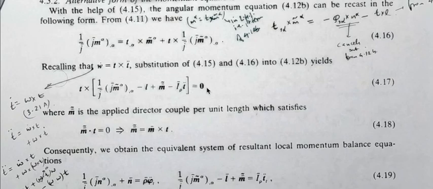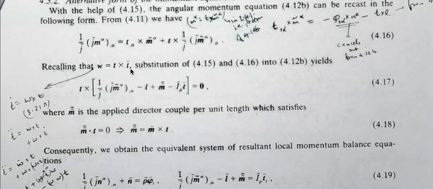So this is the final form: t cross all these quantities equals 0, as the linear momentum balance combined with angular momentum balance.